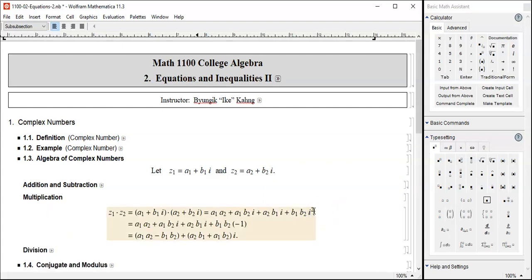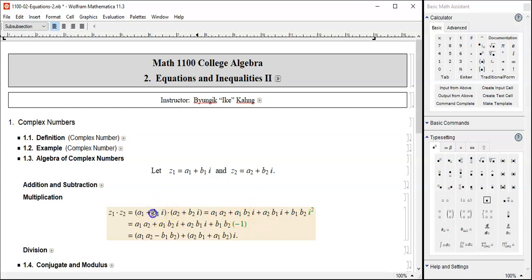All you have to do is FOIL it out, because we are using i as just any other character. But remember just one thing: whenever i squared pops out, it is equivalent to -1. First, a1 times a2, there we go, a1a2. Outside, a1 times b2i, we have a1b2i. Inside, b1i times a2, so we have this.